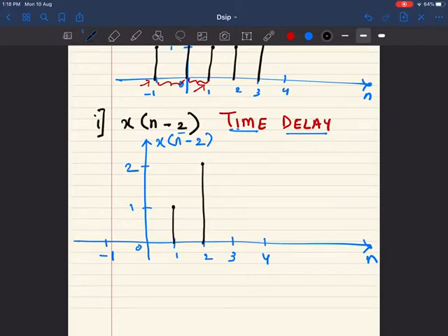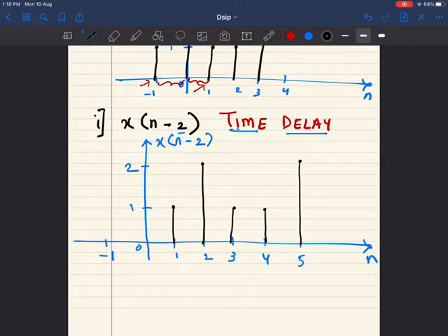It is just going to get shifted to the right by 2 units because it's x of n minus 2. If you still have any doubts on how I got the solution, you can refer to the video that I have uploaded for time delay. So this is how I got the solution to x of n minus 2.